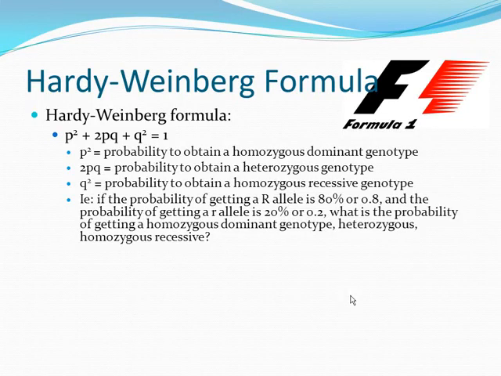What is it? 20%. Okay, good. So using those probabilities, now find the probability of the homozygous dominant genotype, the heterozygous genotype, and the homozygous recessive genotype as well. So do that now.